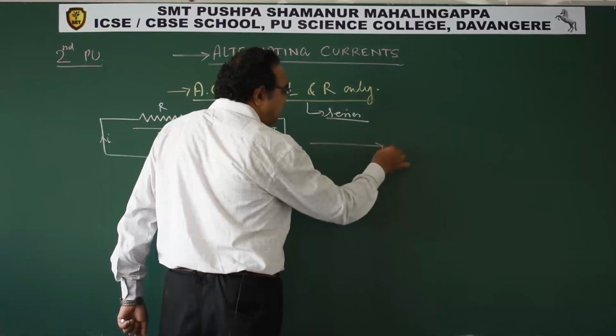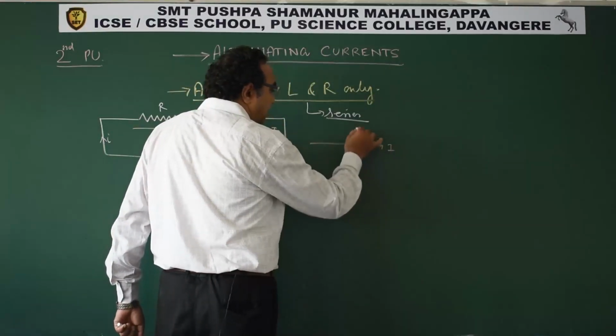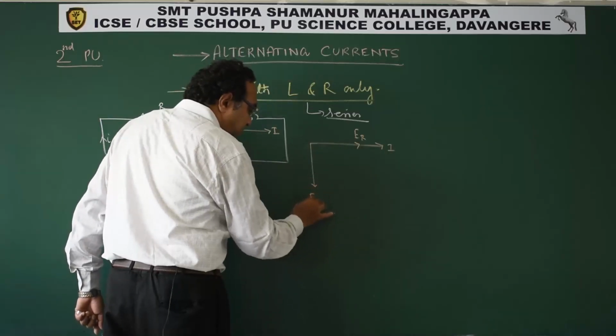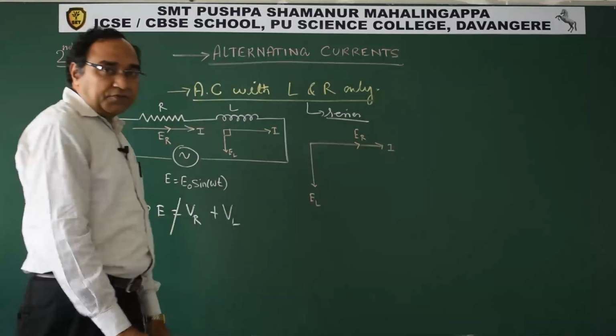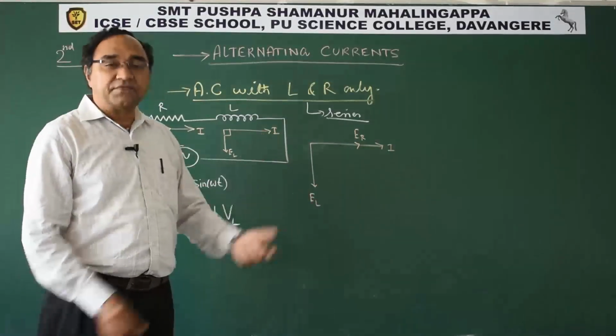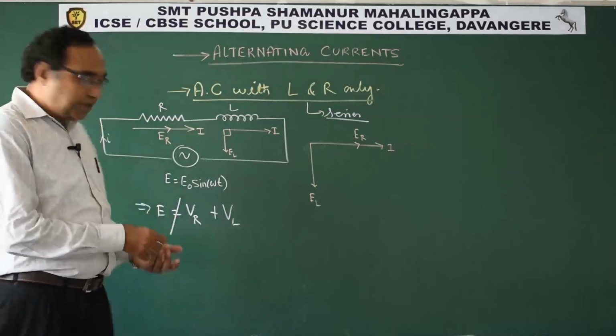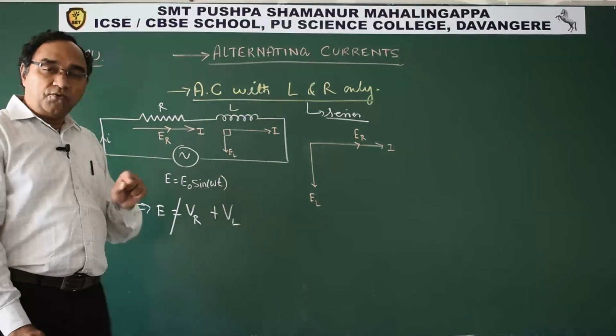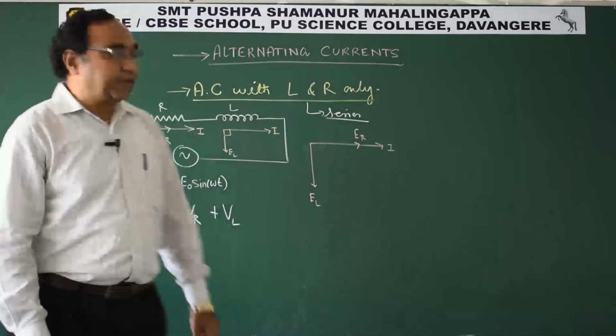This is current I, this is ER, this is EL. How will you find the resultant of these two? Can we add them? We cannot. That is the reason why in AC this equation does not hold. This equation holds only in a DC circuit.